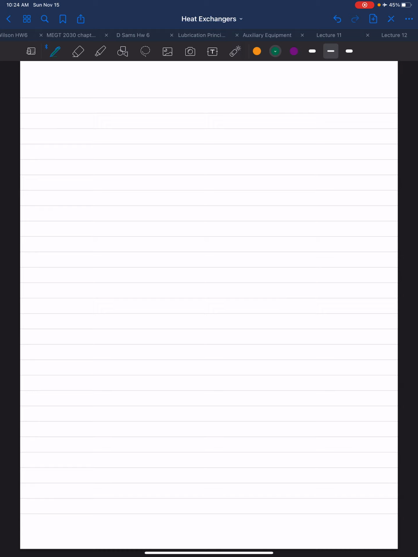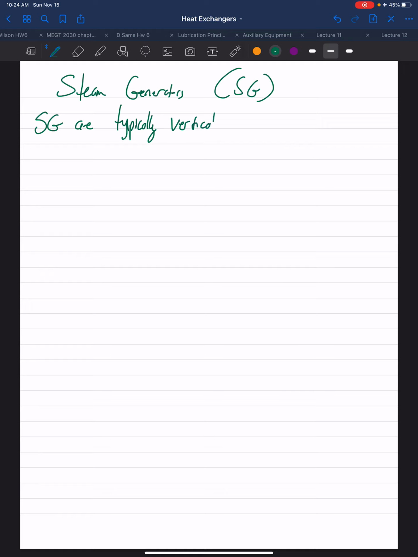So let's talk about some typical components in a nuclear power plant. So you have steam generators. So steam generators, I'm going to abbreviate SG. Generators are typically vertical shell and tube heat exchangers.